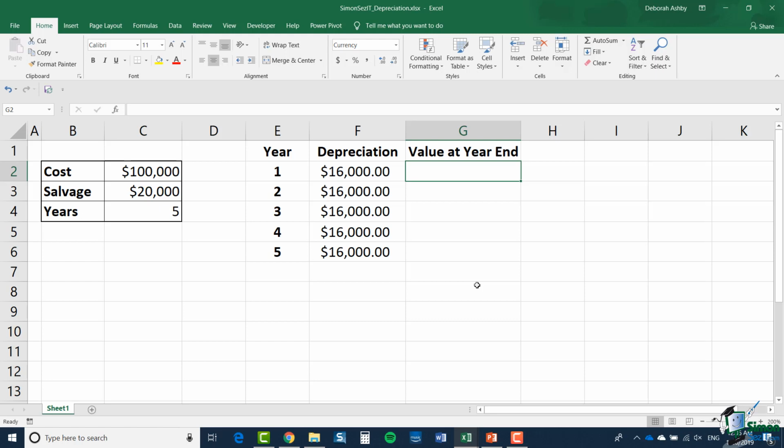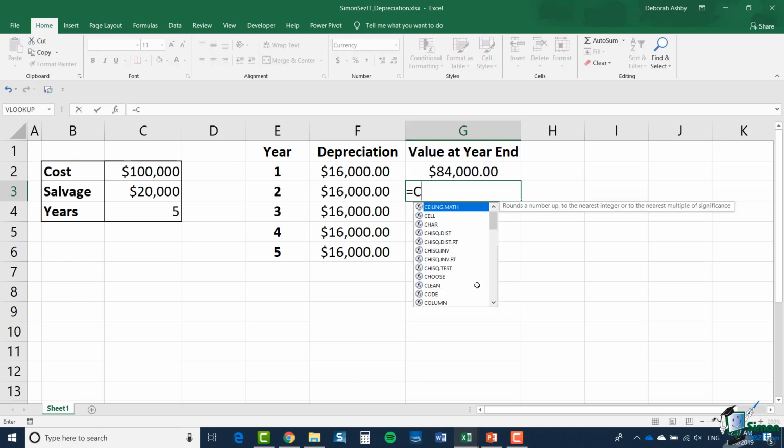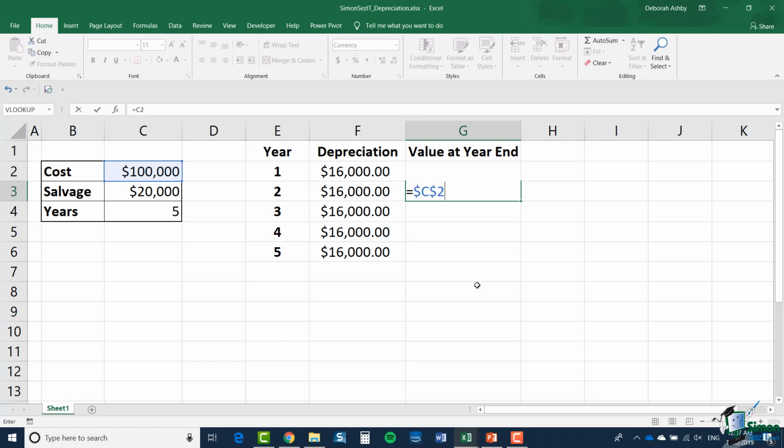Now, a bit of a formula challenge here. The first one is pretty straightforward, as it's just C2 minus F2. The next one, on the other hand, is a little bit more complicated. We need to do C2 and make that absolute minus F2 plus F3.